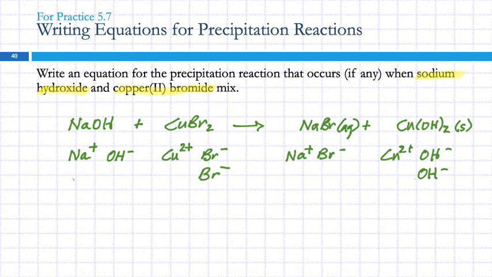So I can fix that by putting a 2 in front of the sodium hydroxide, which means I'm going to have 2 sodium ions and 2 hydroxide ions, right? We already looked at sodium. Did this mess up the sodium? Yes, it did. So let's go back and fix that.